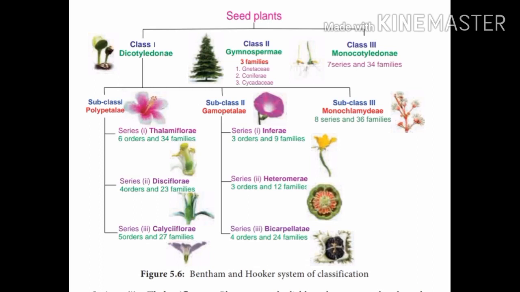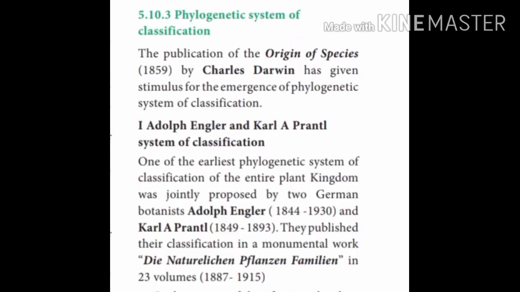So all the floral characters are taken into consideration for the classification. This classification is still in use in most of the Commonwealth countries, and this is called the natural system of classification.